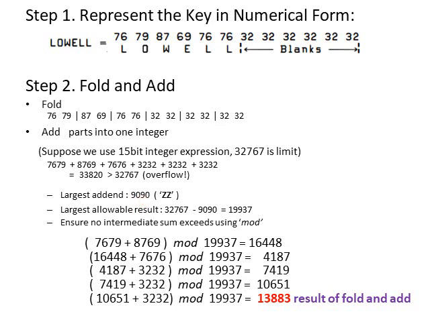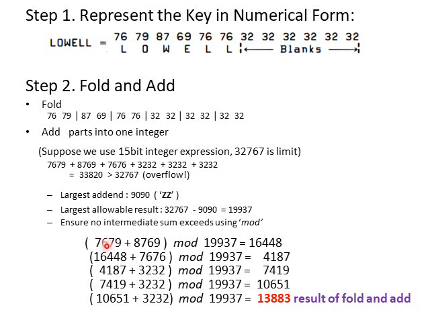Now I am going to find the largest allowable result. How can I get it? We have the limit as 32767 and I'm going to subtract 9090 from that. So I'm going to get 19937. Now I'm going to use a mod operation and find the remainders.